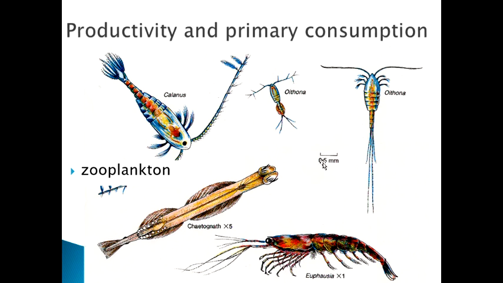But notice they're all small. The scale bar here is 0.5 millimeters. Dinky little things. But these are the first level consumers which are gobbling up those planktic plants, the primary productivity. These then are eaten by successively larger and larger creatures as part of the food ecosystem.